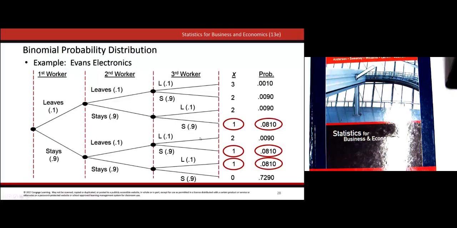This is a tree diagram for this example, such as employee A, B, C. A leaves with probability 0.1, stays with probability 0.9. Same thing, leaves with probability 0.1, stays with probability 0.9. So how many total outcomes do we have? 8.